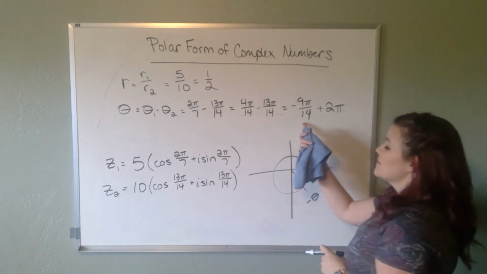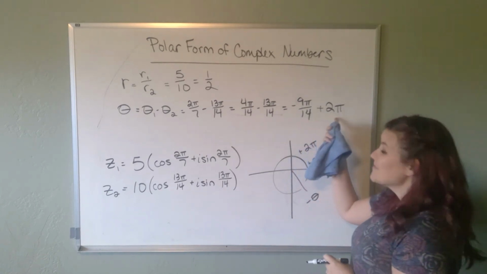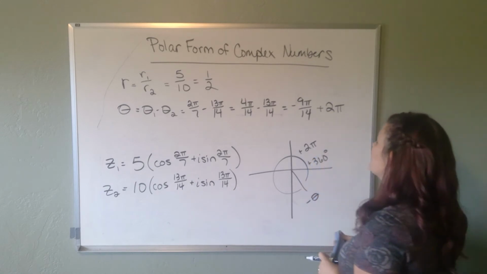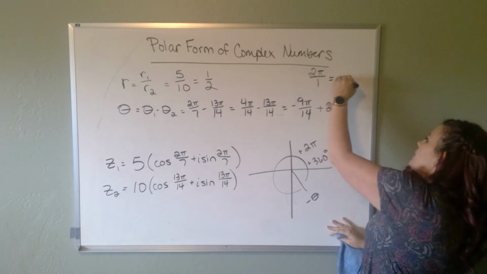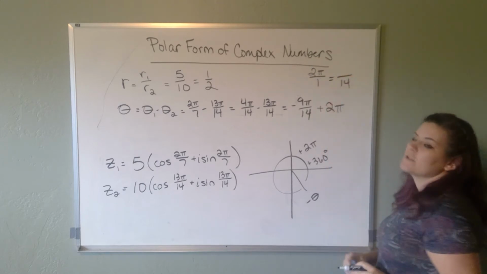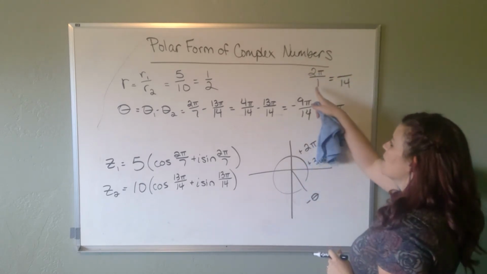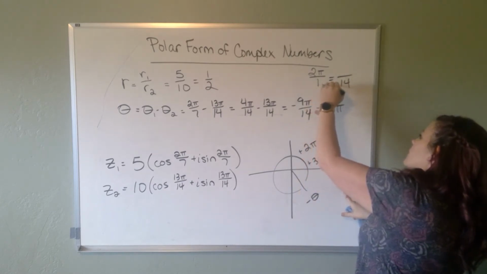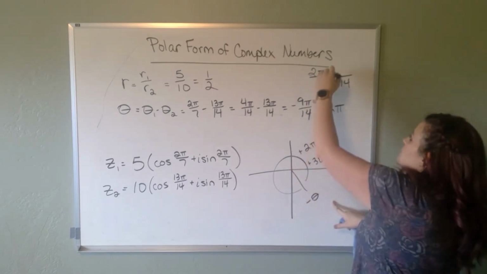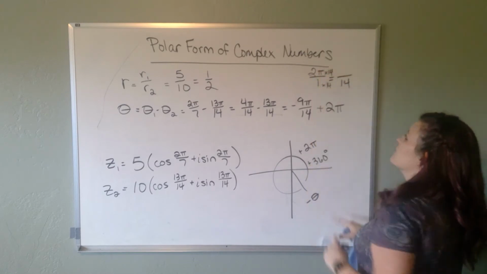But of course, because this is a fraction, I have to get common denominators. So I need to take 2 pi over 1 and make it equal something over 14. On the bottom, how did I get from 1 to 14? Well, I multiplied by 14. So I have to multiply by 14 on the top too.